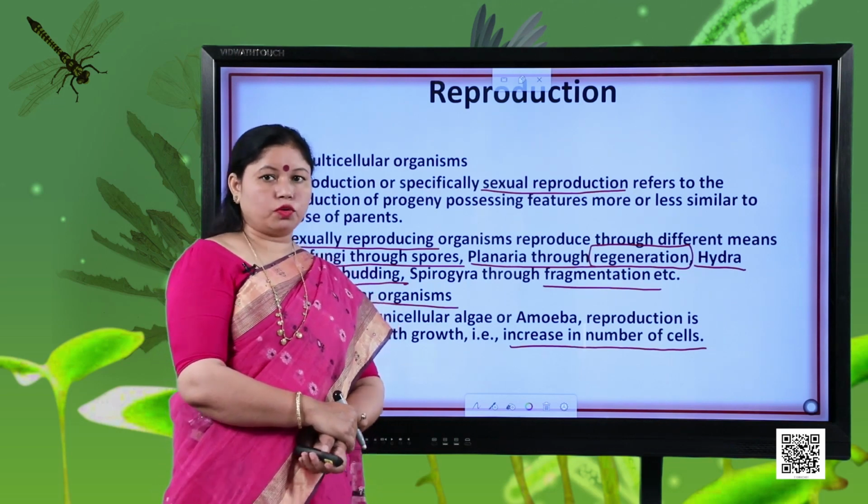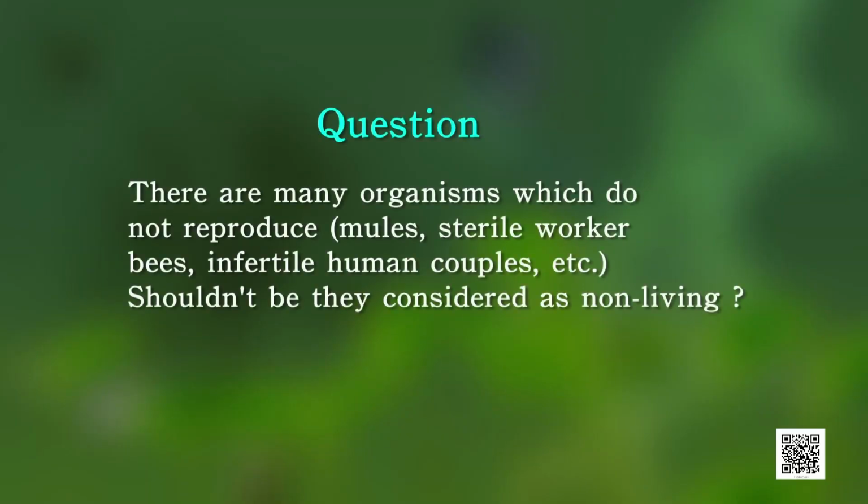But is it so? Let me ask you a question. There are many organisms which do not reproduce. For example, mules, and sterile worker bees in a beehive who never reproduce. It is the queen that has the ability to reproduce in the hive.